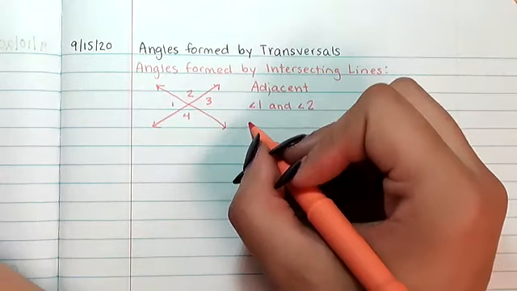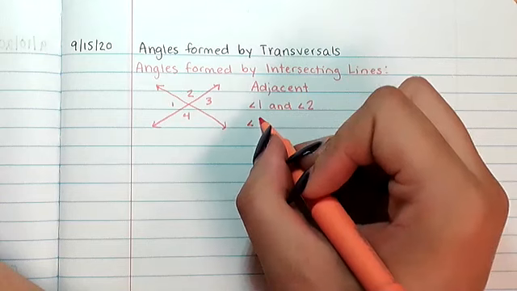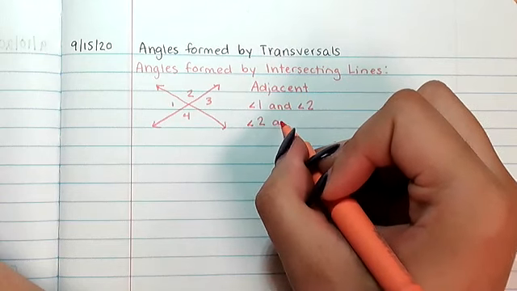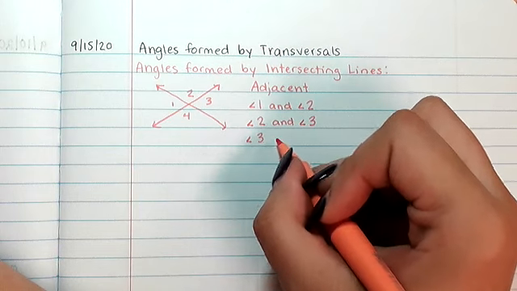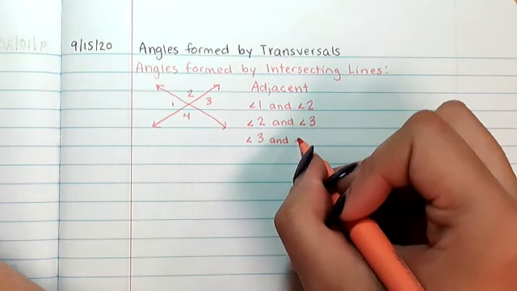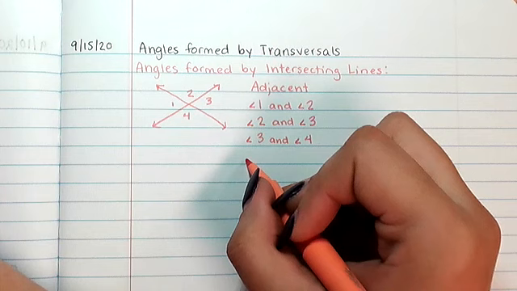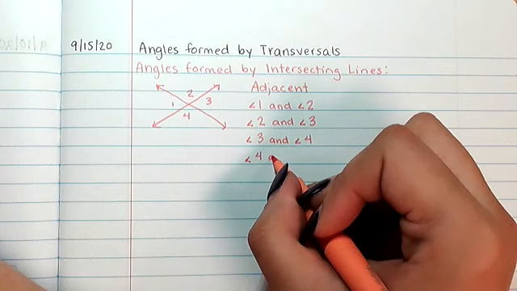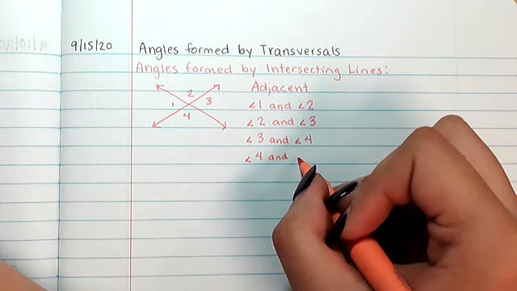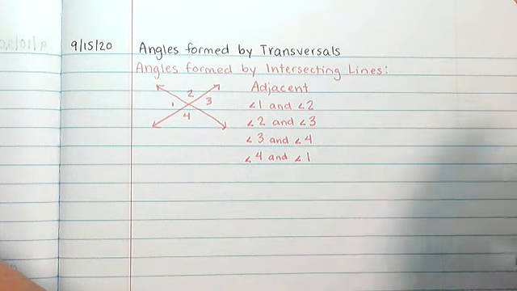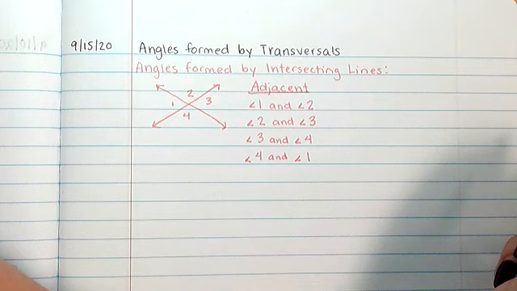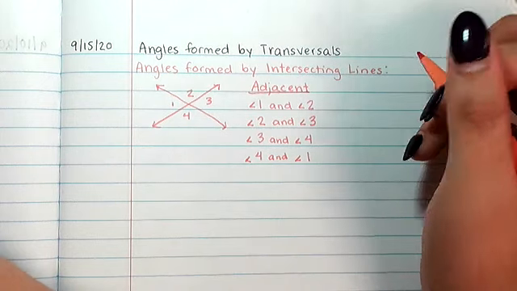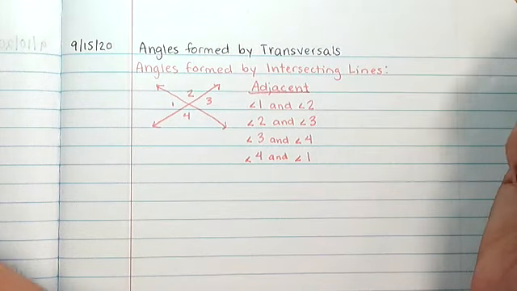So we have a lot here. All right. So in this particular set, there's also the same amount of supplementary angles.